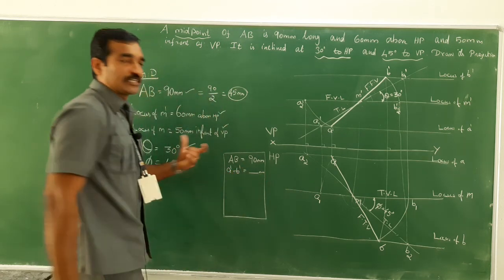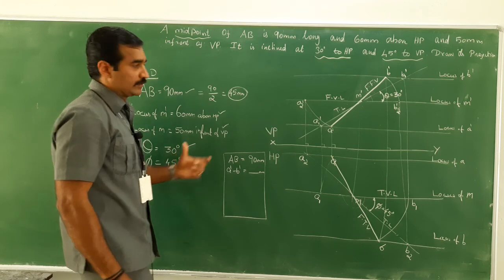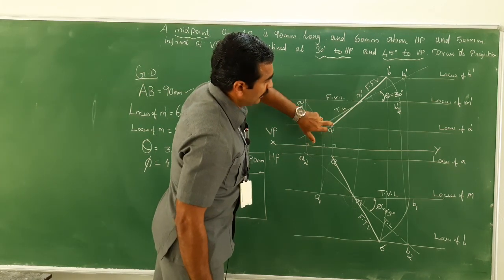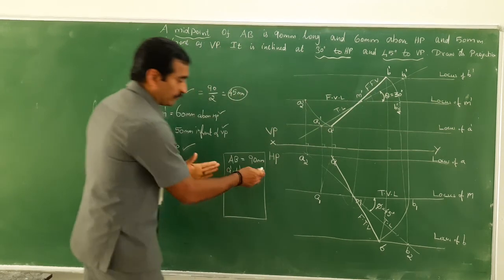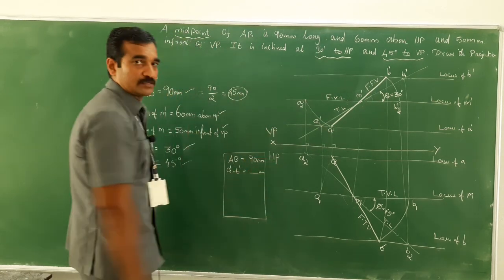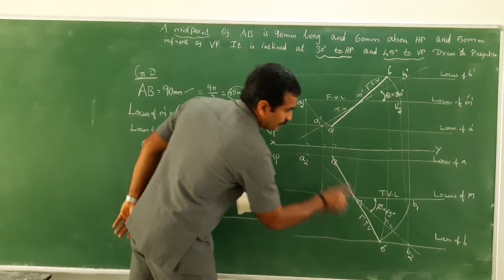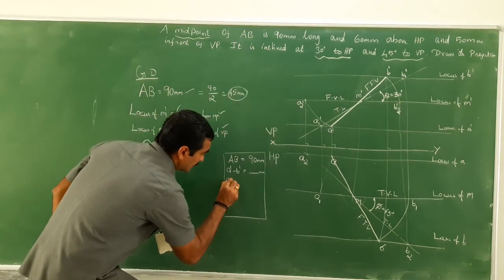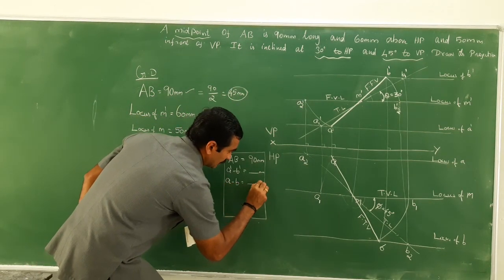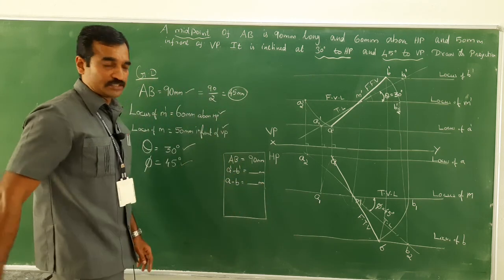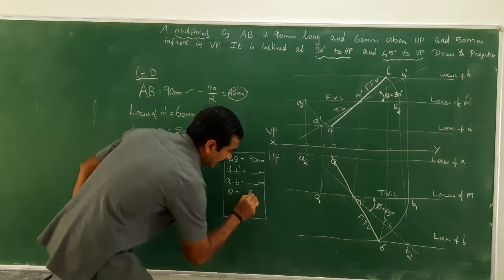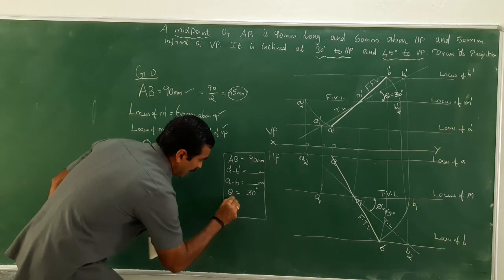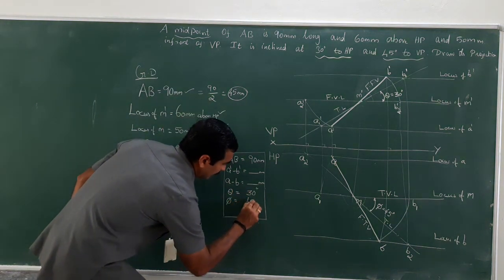Whatever measurement comes in actual, by measuring using the scale from A dash to B dash, whatever data comes, you just feed it here. Similarly for the final top view, it is A to B, whatever the actual comes, you just mention here. Then theta, which is 30 degree, and pi, which is 45 degree.